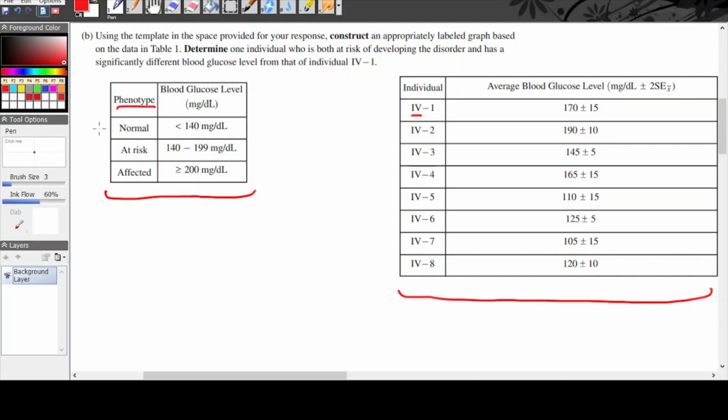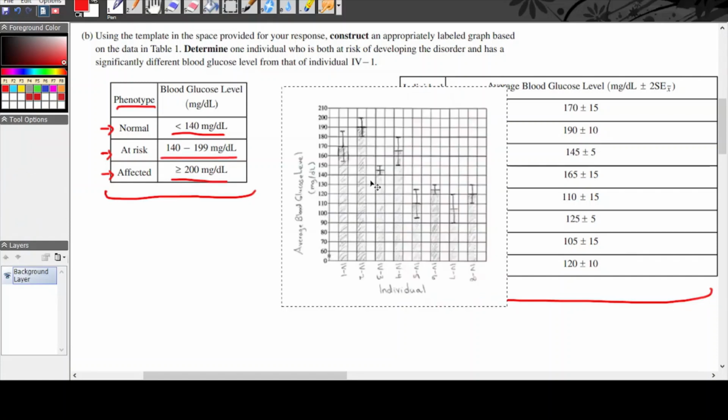It tells us which people are normal, which ones would be at risk, and which ones would be affected based on the blood glucose level concentration in the blood. Now, a properly constructed graph would look something like this.